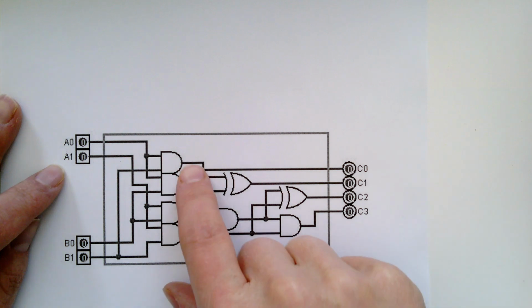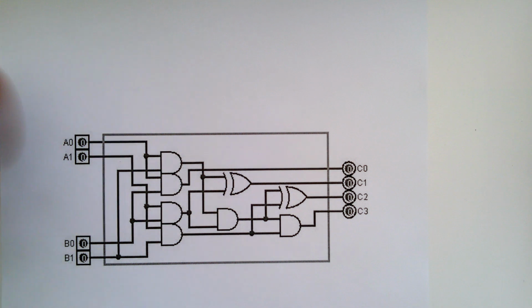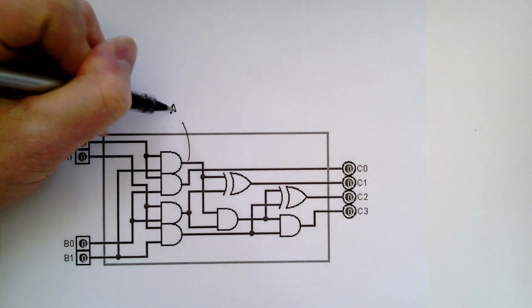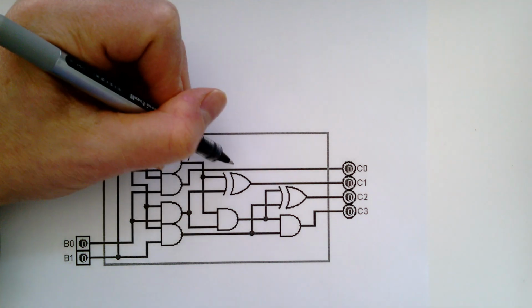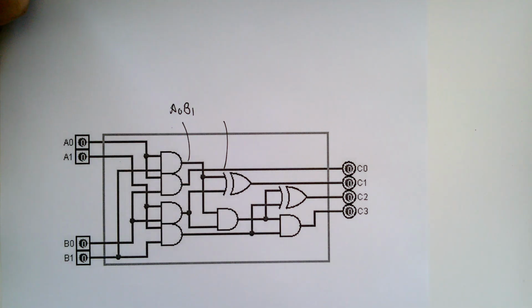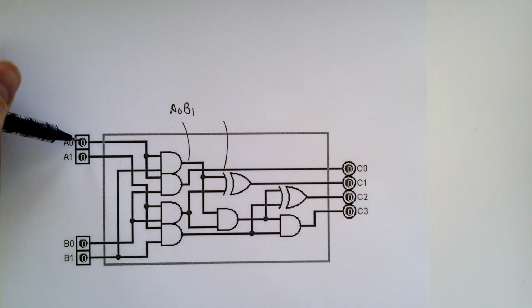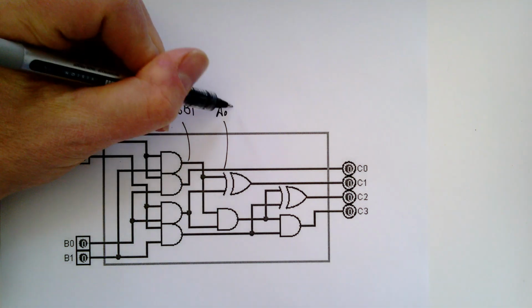Well, what would you get here, for example? Yep, that's good. And then, what do you suppose this would be over here? So the input here, that's A0, B0.